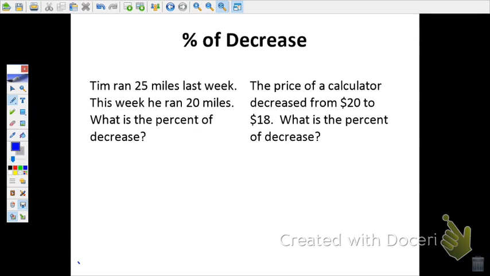Now we're going to take a look at percent of decrease examples. Our formula is still the same. This first example says Tim ran 25 miles last week. This week he ran 20 miles. What is the percent of decrease?